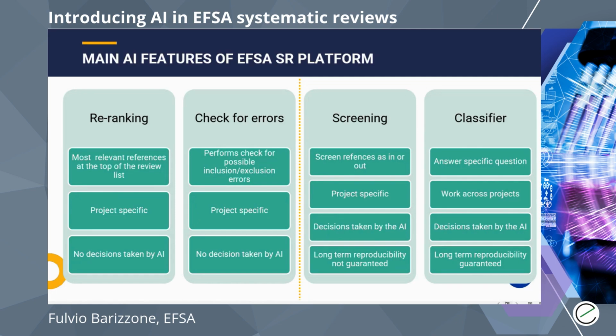It classifies papers on the basis of an answer to specific questions. This is the function that we are using more and more, because it can work across the different projects we have. It also guarantees long-term reproducibility, while the previous solution does not guarantee a very long-term reproducibility.